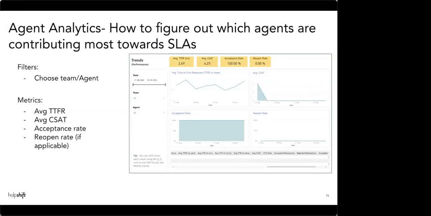You can use this report to monitor team and individual agent performance over time by switching between daily, half-hourly, and weekly trends using the different options on the top left of each visual and graph. You can also spot opportunities for improvement if an agent's CSAT, acceptance, or reopen rates change. A few metrics to look at would be average time to first response, CSAT, acceptance rate, and so on.